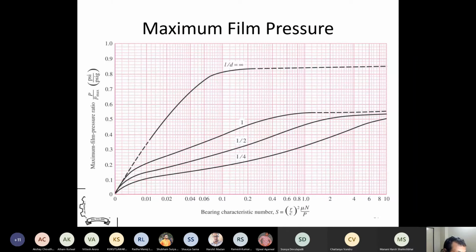Maximum film pressure is again P by P max. P, you know, you get from your equation, W by 2RL. So you non-dimensionalize this by P by P max, and again you do it with your Sommerfeld number or bearing characteristic number.